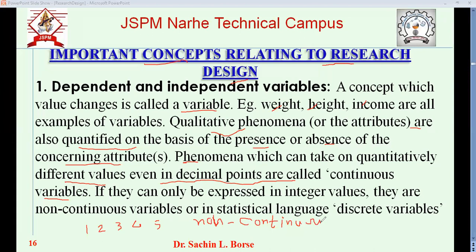But a phenomenon which is continuous and is expressed like 1.2, 1.3, 1.35 or anything, not in a repetitive pattern, is different. A whole number is 1, 2, 3, 4, but here it is even in decimal places. So that is called a continuous variable.